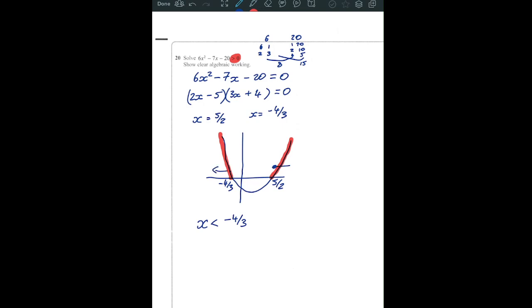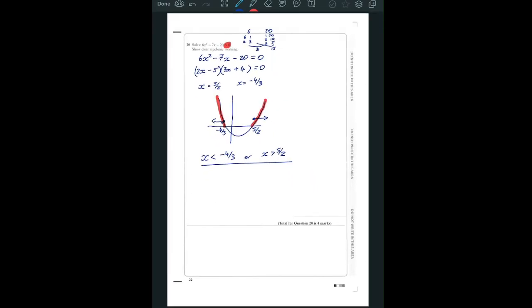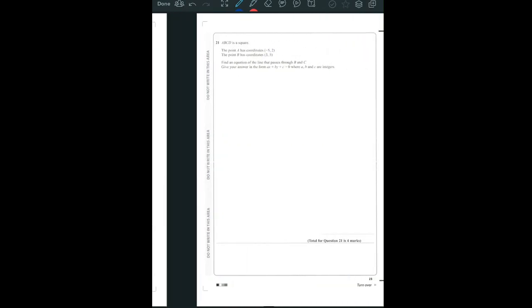And over here, we want the values which are bigger than 5 over 2. And that combination of two inequalities is my answer. Nasty question, 4 marks. Do 5 of the questions, and you'll get these marks almost every time.